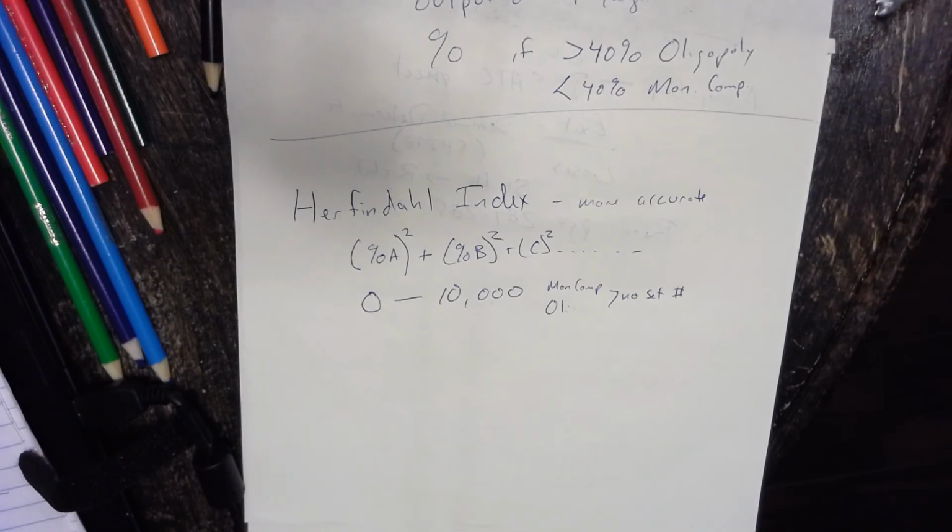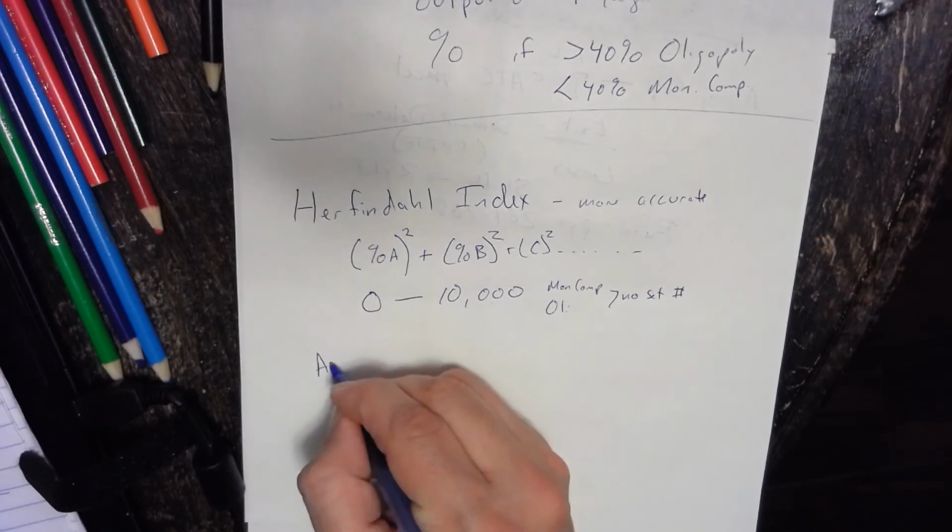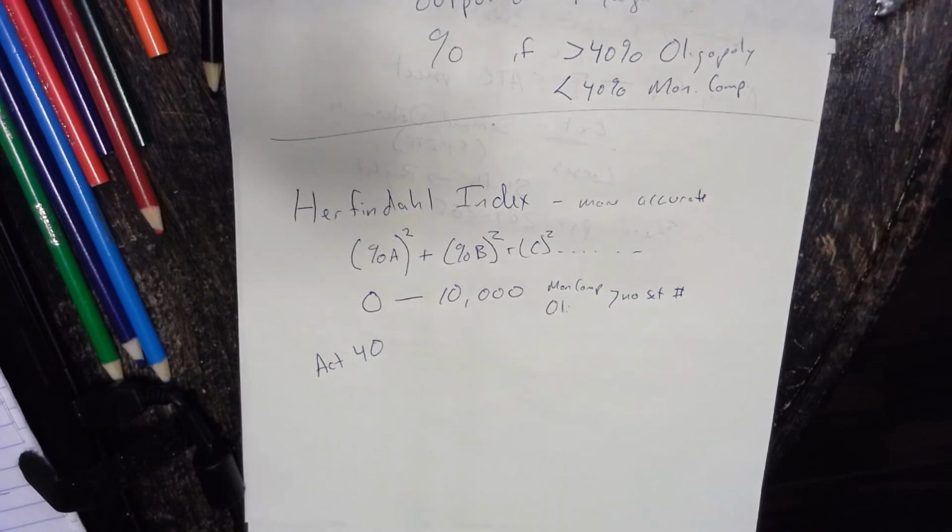All right. So for today, you're going to get an assignment that's activity 40. It's a very simple monopolistic competition front and back sheet.